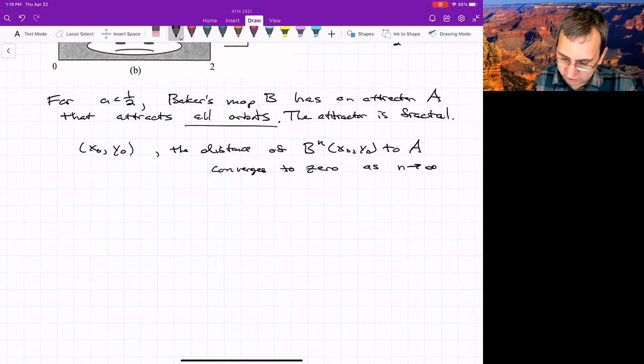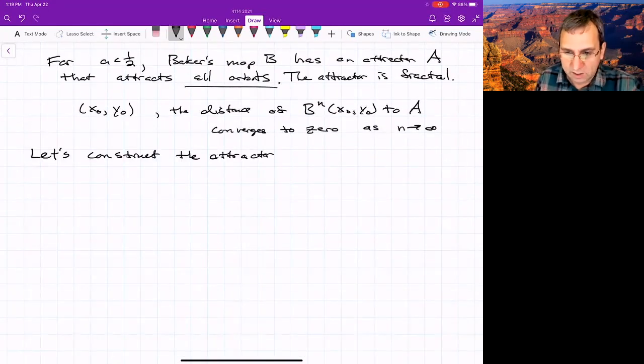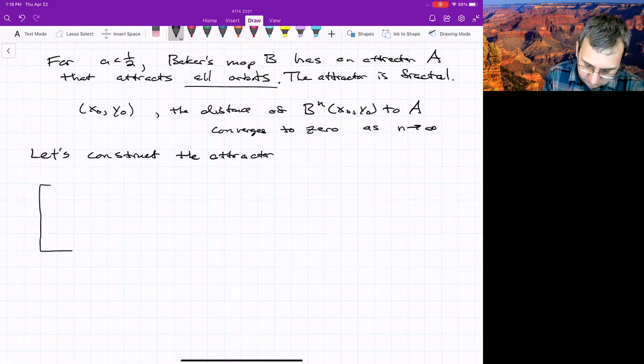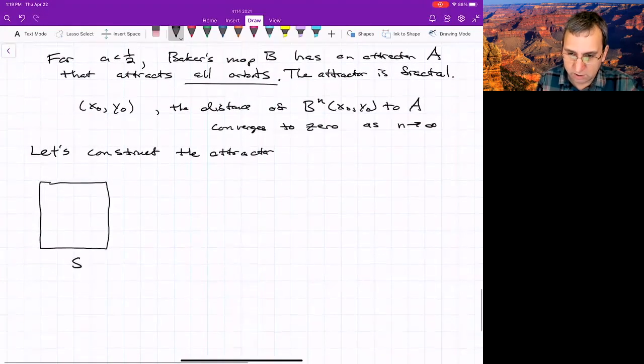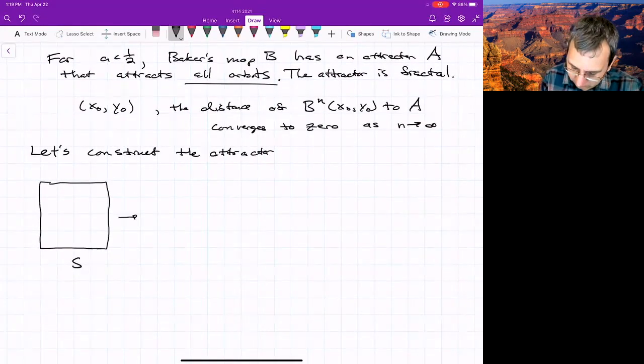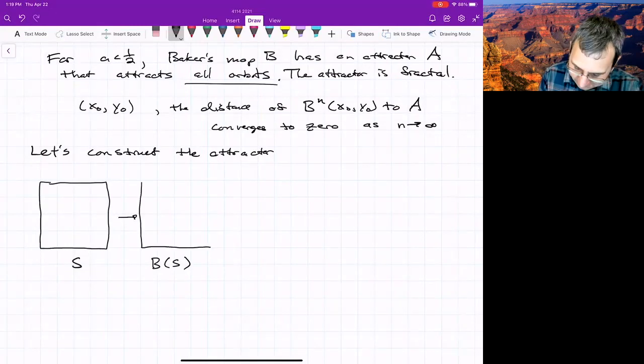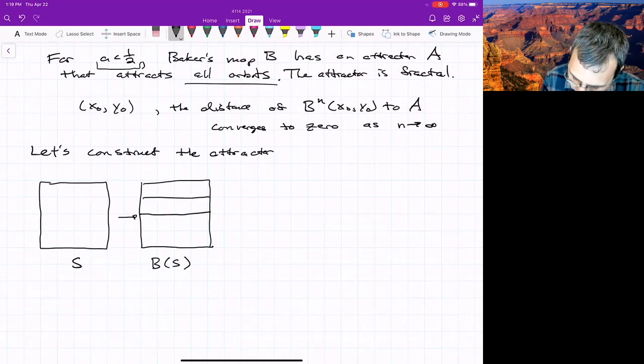So how do we construct this attractor? Well, we start with S, and that includes all possible initial conditions. So S is the square. And then if we were to do images of S, so let's call this the first iterate of the Baker's map of S, a is less than a half, we'll have some rectangles and then repeat that.